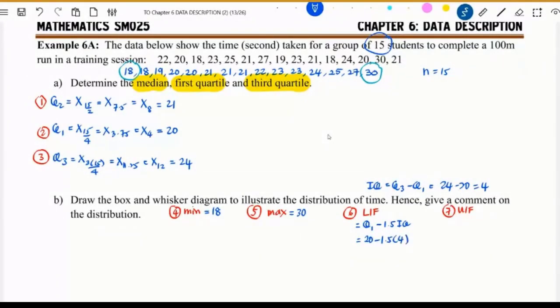So you will end up your LIF, which is 14. And then for the UIF, which is upper inner fence, we have third quartile plus 1.5 times IQR. So we have it 24 plus 1.5 times 4. We're gonna have 30. Okay, so now we already have it, the 7 values.